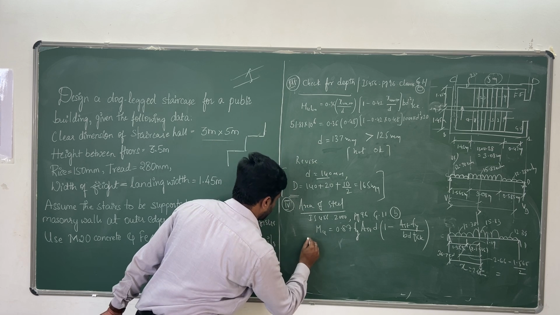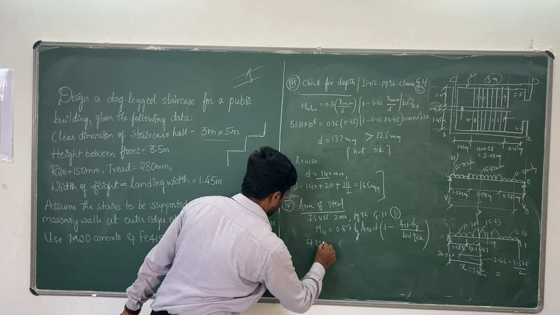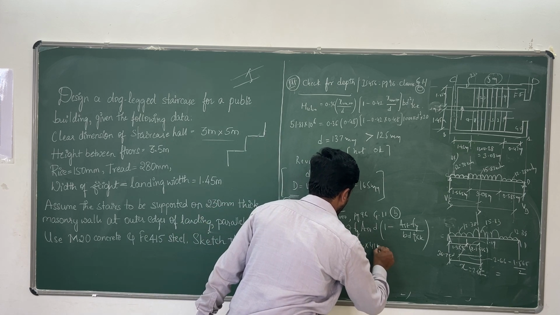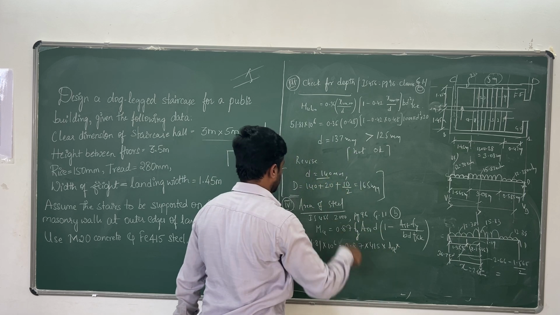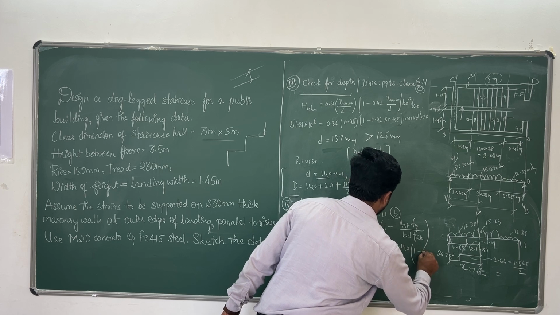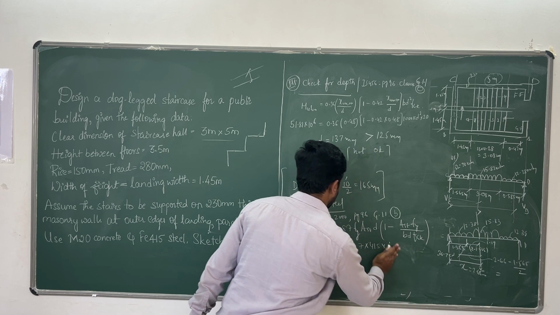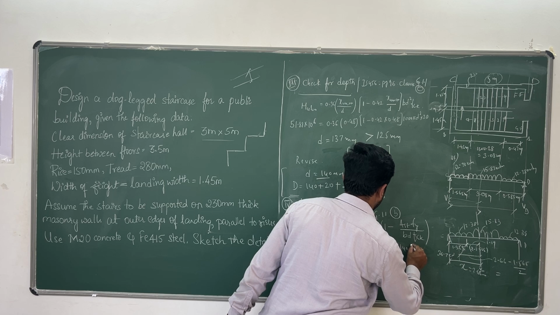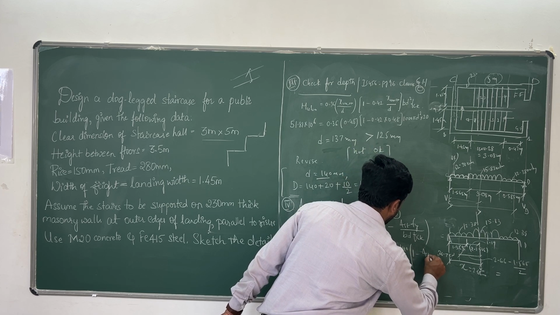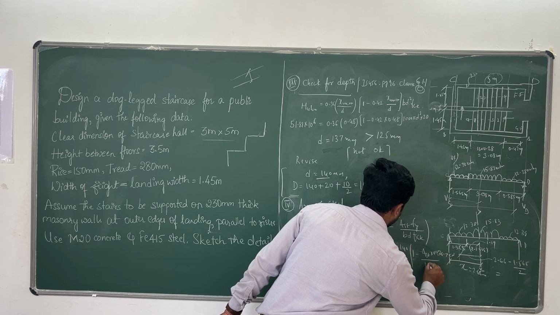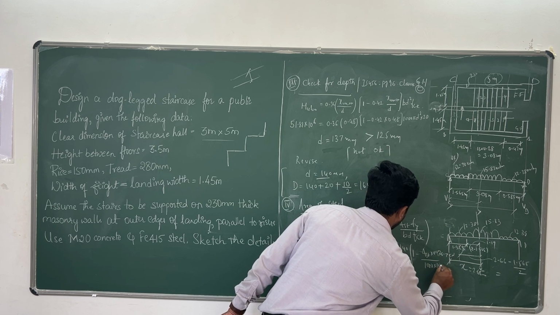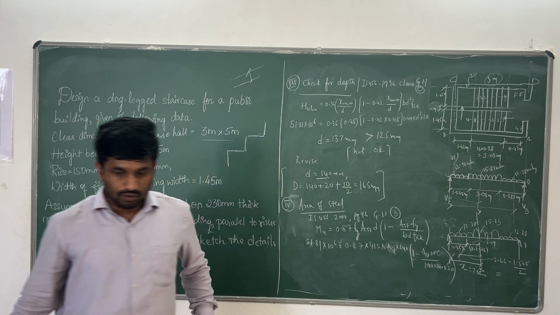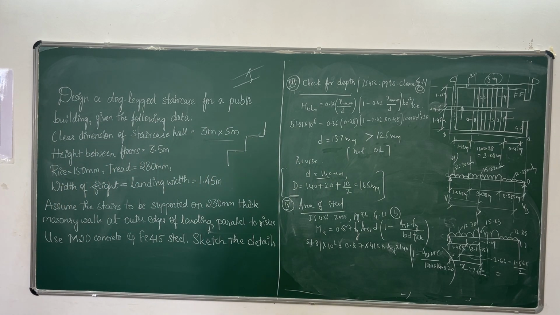Mu we know, how much? 51.81 into 10 power 6 equals 0.87, what is the fy value? 415, Ast we have to compute, d revised depth you use 140, into 1 minus Ast fy 415 over b d, 1000 into d. d you know is 140, fck is 20. You compute Ast.